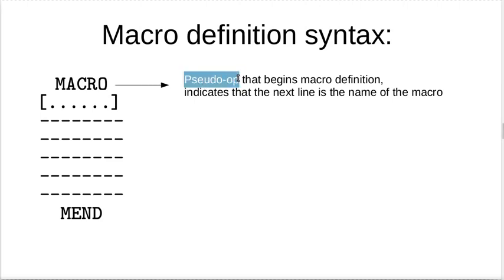We have already learned in previous lectures that a pseudo op instruction is an instruction which carries special meaning only for the assembler, right? So MACRO is an instruction for the assembler which begins the macro definition. This indicates that the macro definition is now beginning, and it also tells us that the next line is going to be the name of the macro.